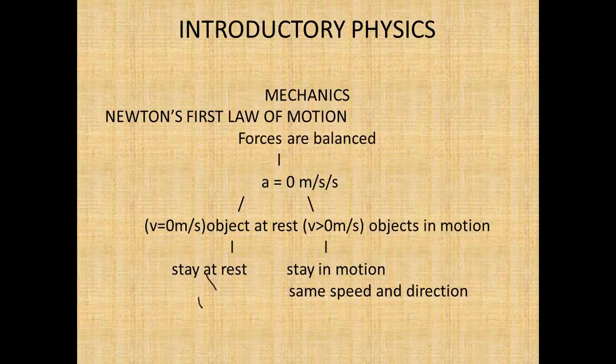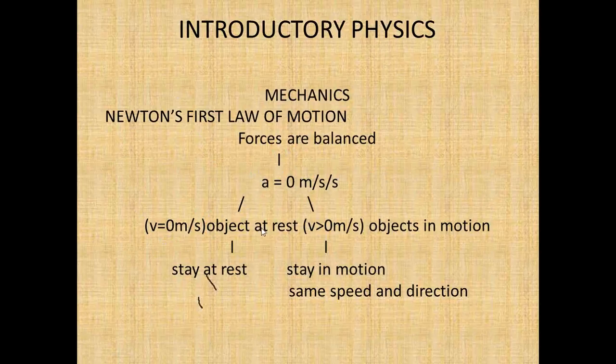You have to have a change in velocity to get acceleration. If the velocity or the speed is constant, you won't have any acceleration. So 0 acceleration could mean the object is at rest or it's in motion with a constant speed in the same direction.